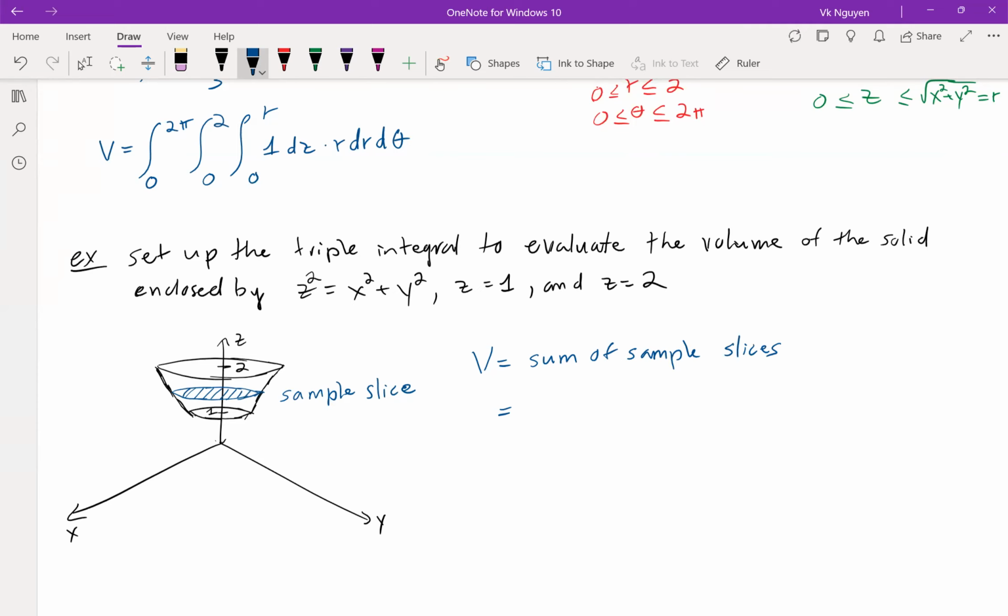So these sample slices that you are summing up are from z equal 1 to z equal 2, 1 to 2, and now it's going to be dz. Okay, so the sample slice is going to be the area.